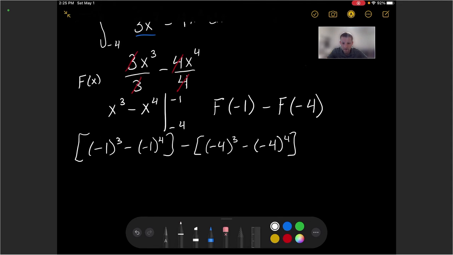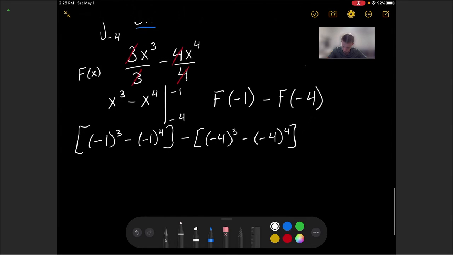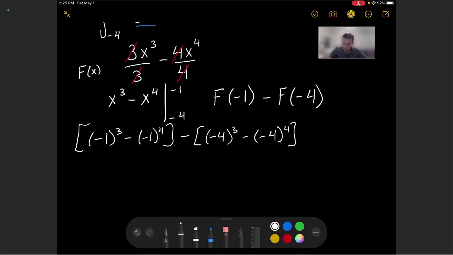There are a lot of negatives in this problem, so let's walk through it slowly, making sure we have the right sign on each of our terms. (-1) cubed, starting on the left side here, is going to be -1. Minus (-1) to the fourth, that would be a total of 5 negatives, and still just going to be 1, so that'll still be -1 when we're done.